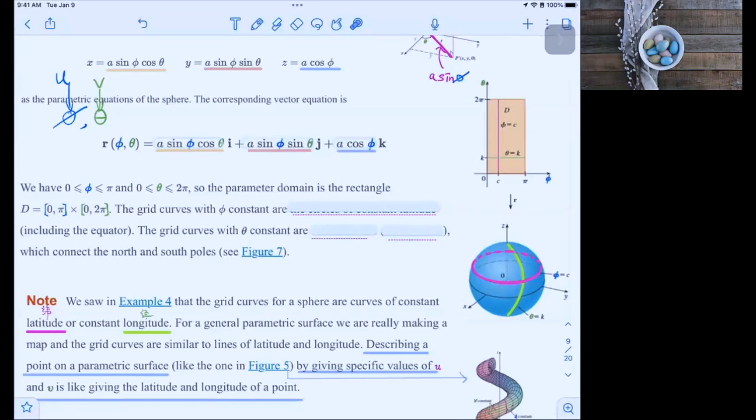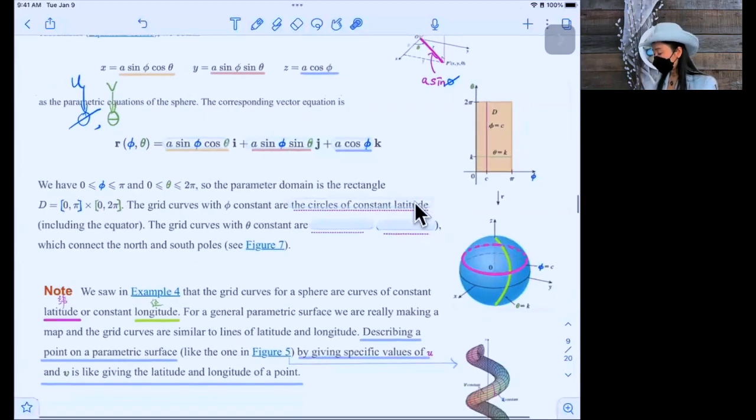So this is going to map to here. That is the grid curve. And when you let phi be a different constant, you have a different circle over here. Remember, we think about this as the Earth, right? What do you call that, latitude or longitude? Latitude, right? The circle of constant latitude, including the equator.